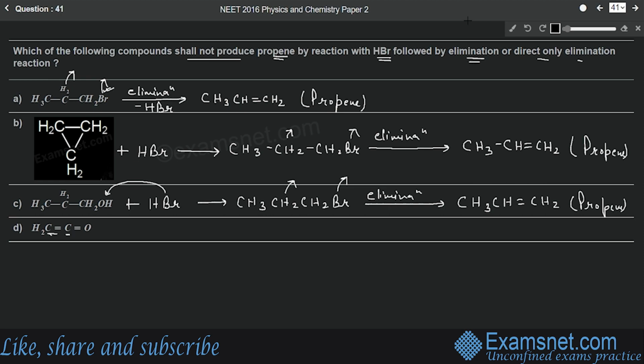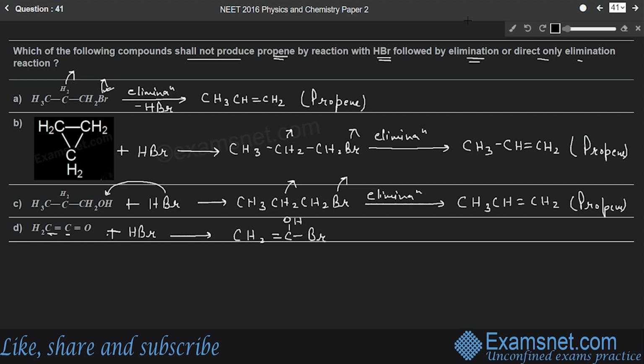Here both the carbons are sp2 hybridized, right? Both have double bonds. So let's see what happens when it reacts with HBr. The product obtained is CH2 double bond COH and Br.